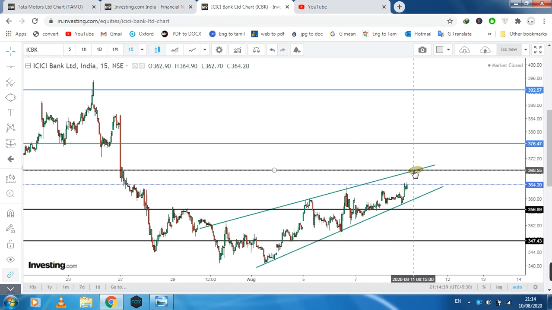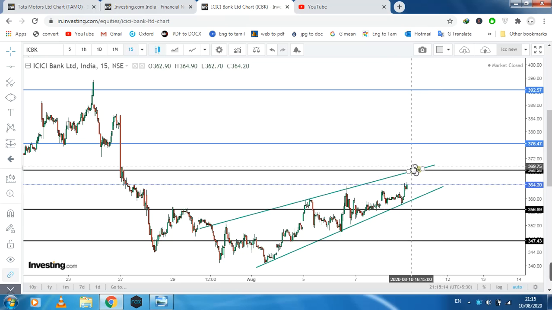So the first point is the chance to reach this because of the uptrend. The second point is this resistance on the hourly chart. The third point is that it is inside this rising wedge pattern. So these are the three main reasons this market has a chance to reach this place again.